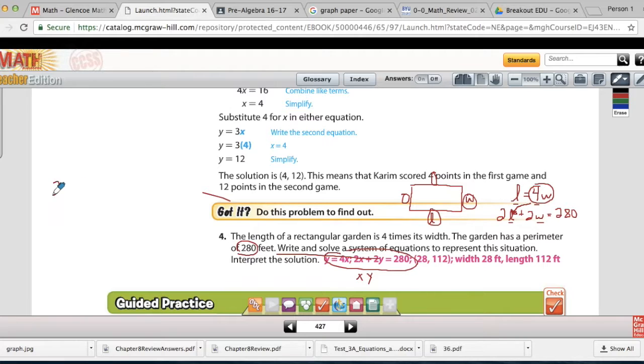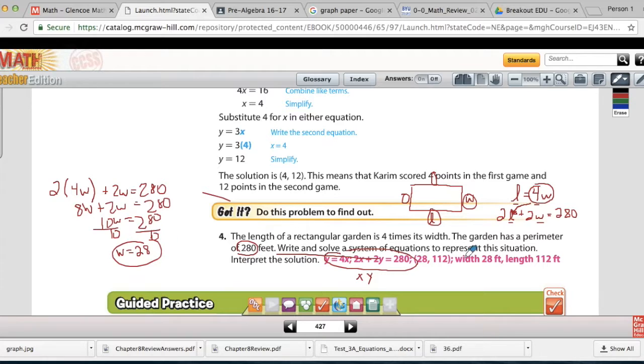So that looks like this: 2 parentheses 4W plus 2W equals 280. This is 8W plus 2W equals 280. 10W equals 280. Divide by 10, divide by 10, W equals 28.